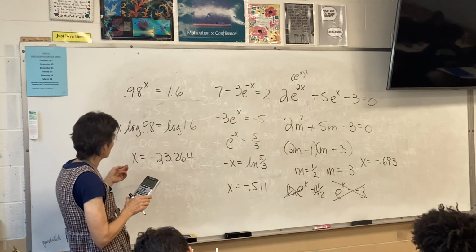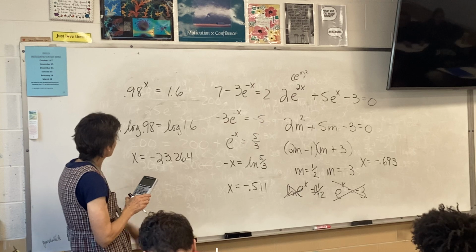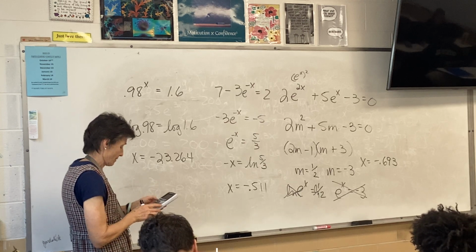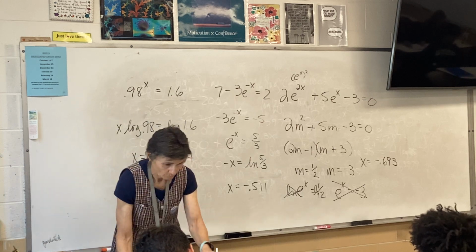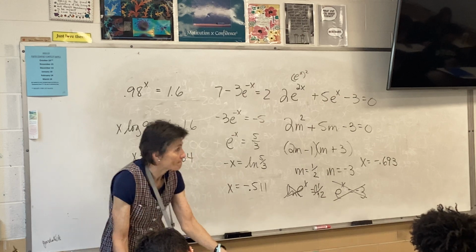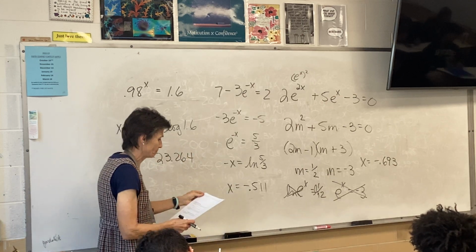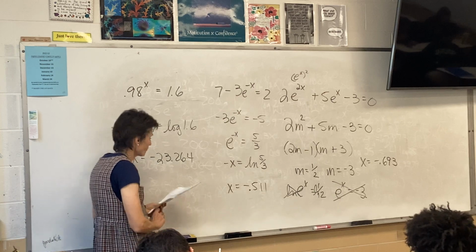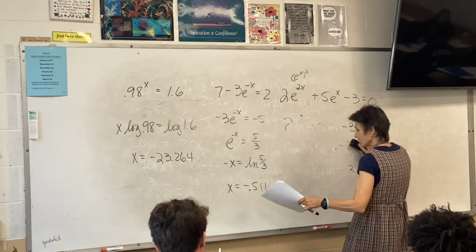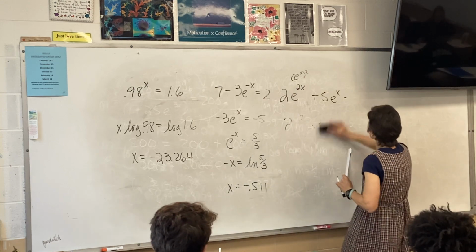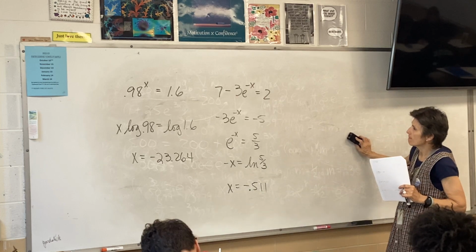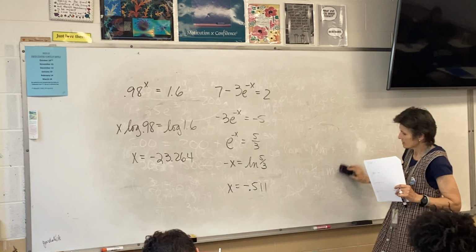Did you get -23 for this first one? No, I got -32. I got -0.511 for that second one. Is that right? Yeah.